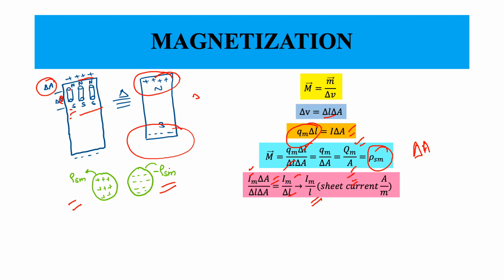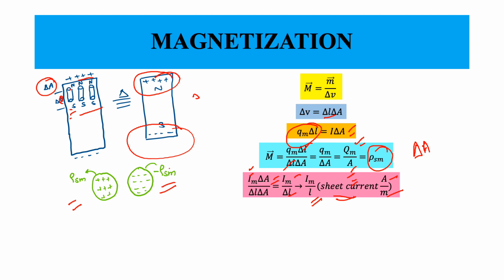What is the unit of Im by L? The unit of Im by L is current per meter, and this is precisely the sheet current that we talk about. Okay, so sheet current is measured in amperes per meter.